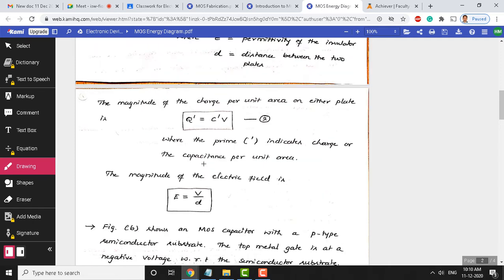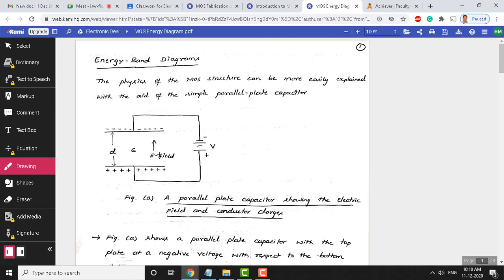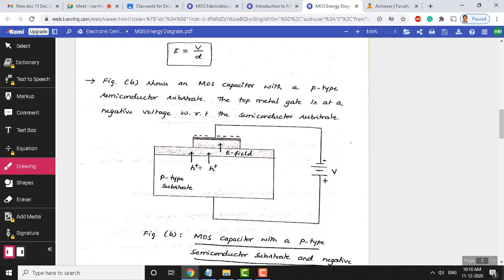So, the electric field induced in the channel depends on the applied voltage and the distance between the two plates. This figure shows the MOS capacitor with a p type substrate and a top metal gate at a negative voltage with reference to the semiconductor substrate.